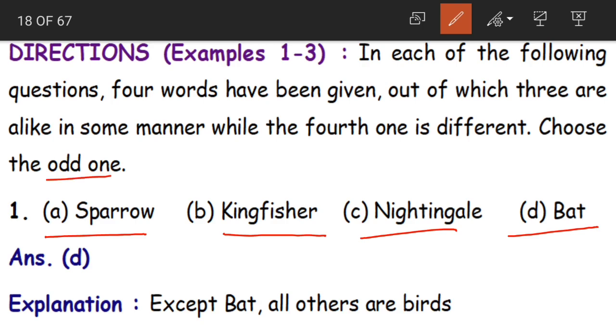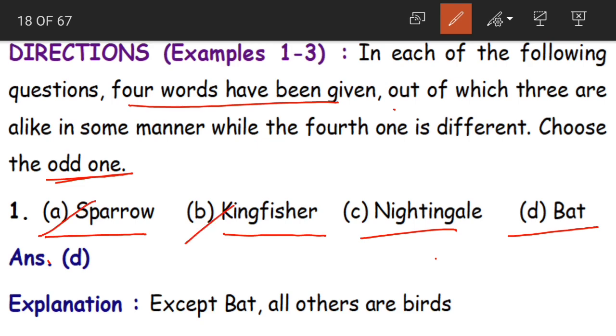Yes, we are having 4 words here, out of 4 only 3 have a common quality, and the one does not have the same common quality as the others. So that one which does not have the common quality will be the odd one. If you look at the example here, 4 words have been given.